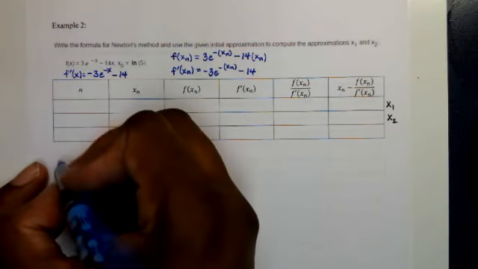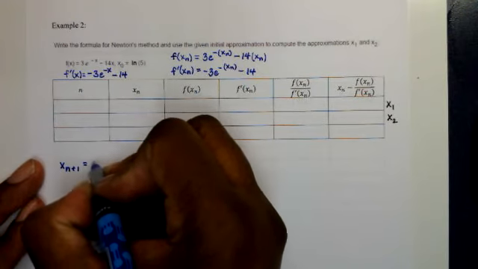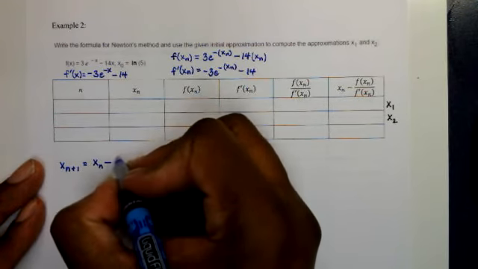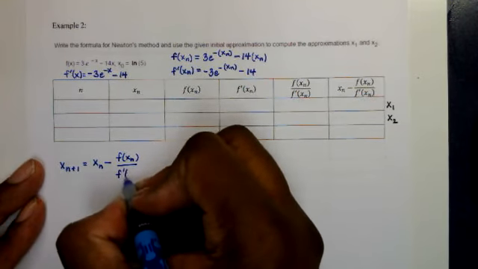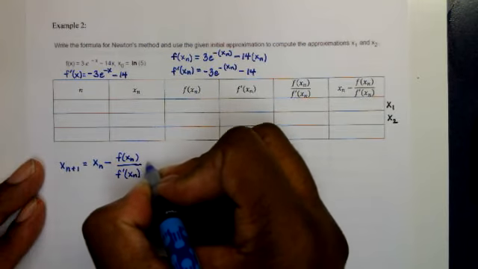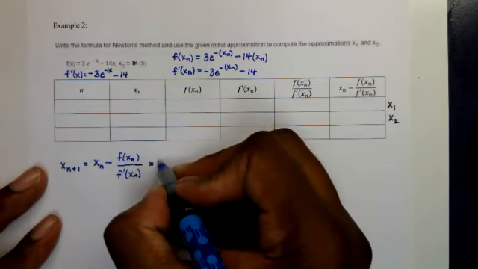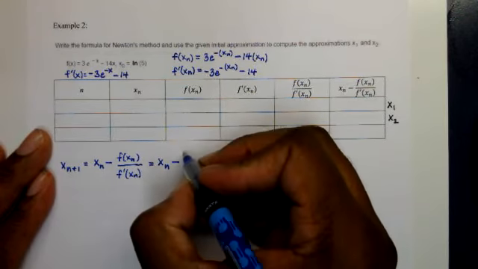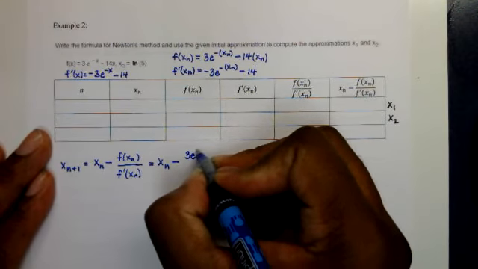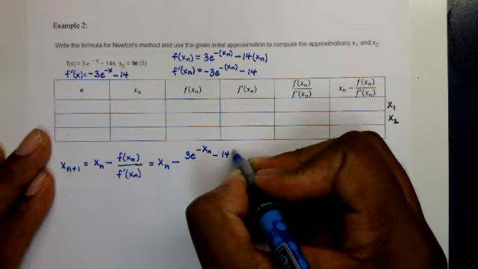Okay. And now my x of n plus 1, of course, is always going to be x of n minus f of x of n divided by f prime of x of n. So by doing the direct substitution here, bring over the x of n, minus f of x of n, that's 3e to the negative x of n minus 14 x of n.